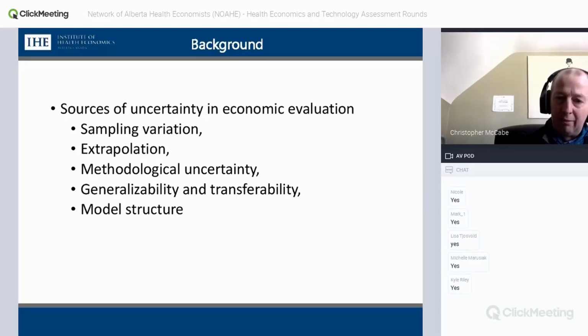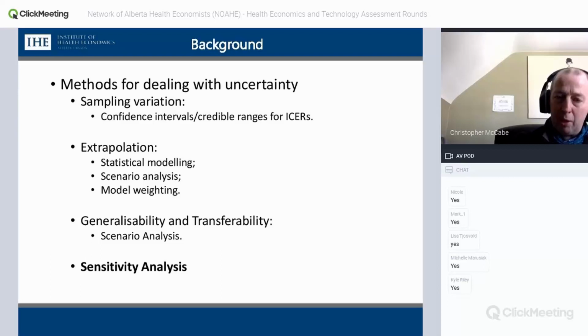There are well understood approaches for dealing with uncertainty, sampling variation, where we look at confidence intervals and credible ranges for the ICERs. There's extrapolation. Statistical modeling is how we usually attempt to extrapolate from the available data, but we can look at scenario analyses, we can look at model weighting.